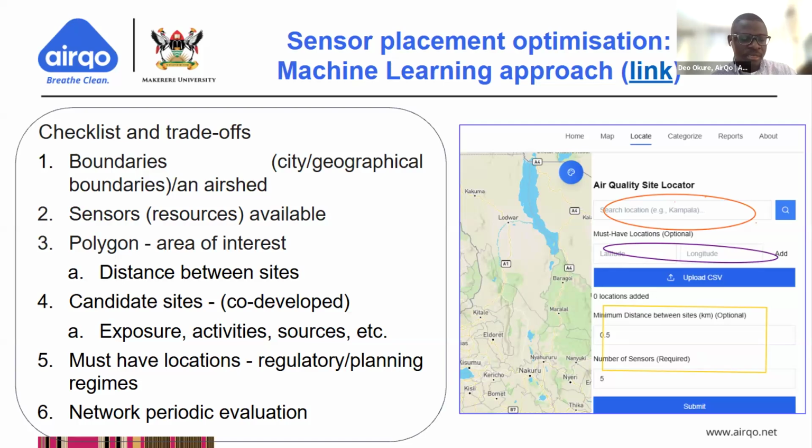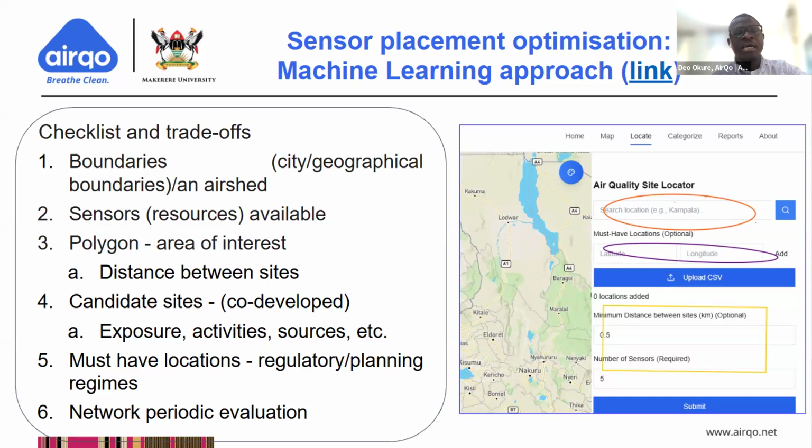So it's also important to take that into consideration, to know that, well, as a city, the data says we need to monitor in locations X, Y, Z. But at the same time, we have some priority locations, maybe special planning areas that we would like to protect, we would like to monitor. We have infrastructure development plans coming up in the next 3, 4, 5 years. So those could constitute what you call the must-have locations.